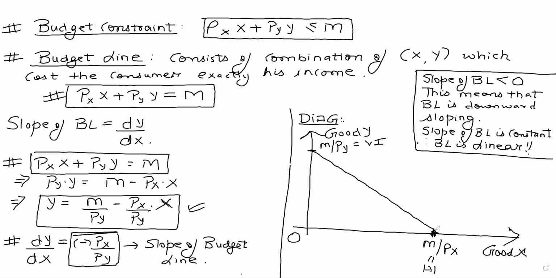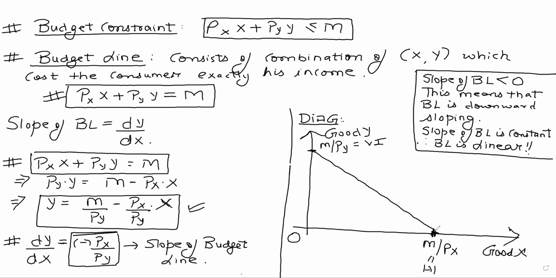It is straight because the slope of the budget line is a constant. It is the ratio of market prices which are fixed by the industry under perfect competition. Second thing, why is the budget line downward sloping? Because mathematically the slope of the budget line is negative. If the consumer affords more of good X, the consumer will have to give up some amount of good Y because the consumer is constrained by income.